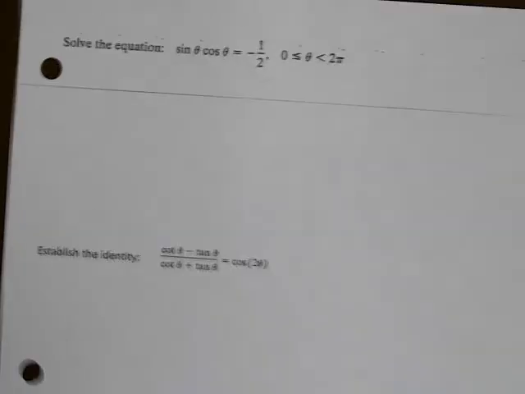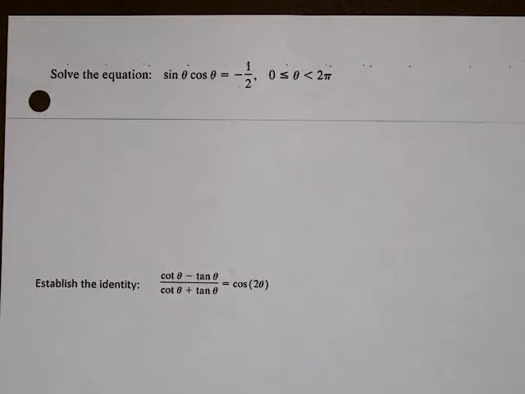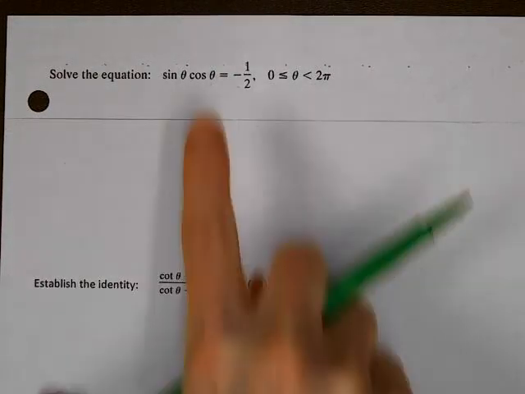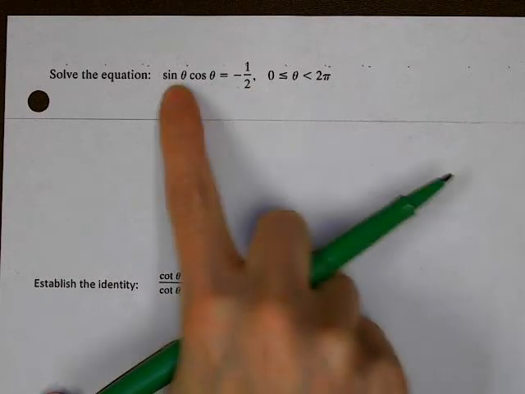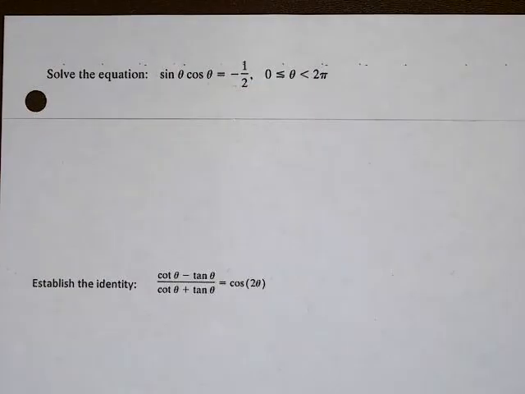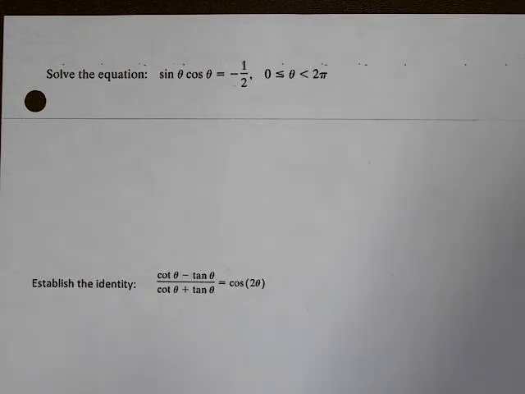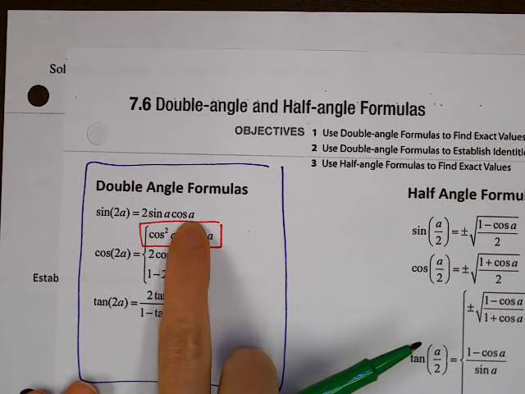Okay, solve the equation. So this one, you can't just use the zero property and set them both equal to -1/2. That only works when it's 0. But sine theta cosine theta, isn't that almost close?